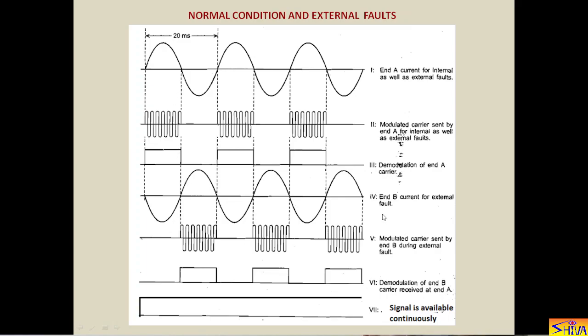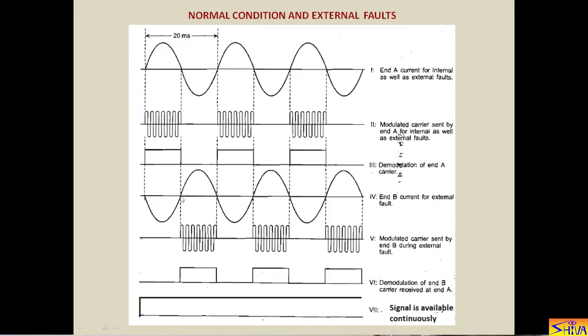Now let us see carrier signals at end B during external fault as well as during normal condition. CT is connected in such a way that during normal condition, the current in the CT secondary at end B is out of phase with respect to the current in the CT secondary at end A. So this is shifted by 180 degrees.